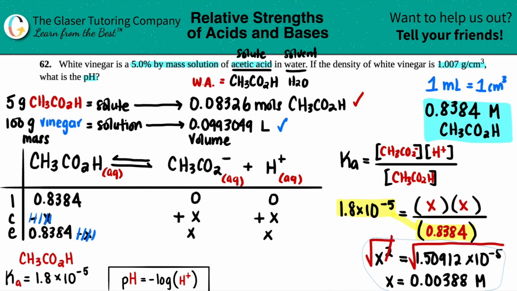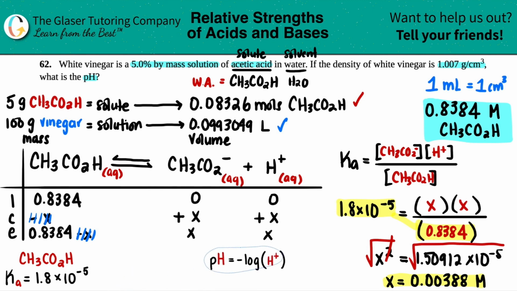Okay. Now keep in mind that we solved for x, right? And we want to solve for the pH. Remember, the pH is the negative log of the H plus concentration. We just solved for x, and look at what x was. X was the H plus. So we know that this is 0.00388 molarity, which is going to go right in here for the H plus.